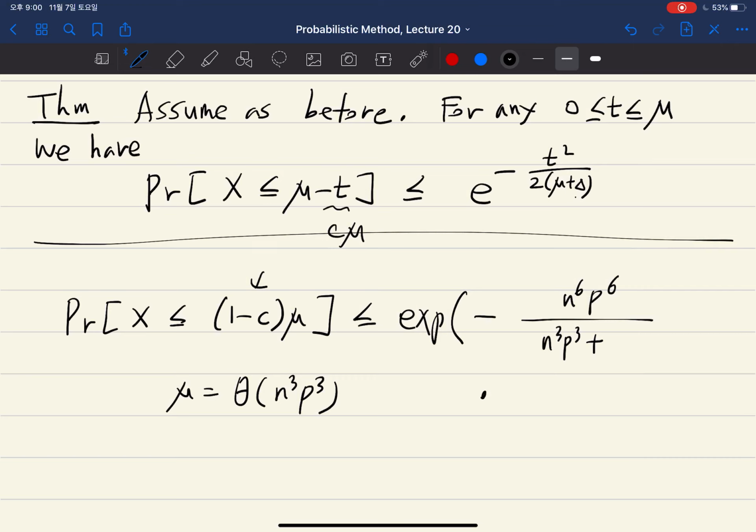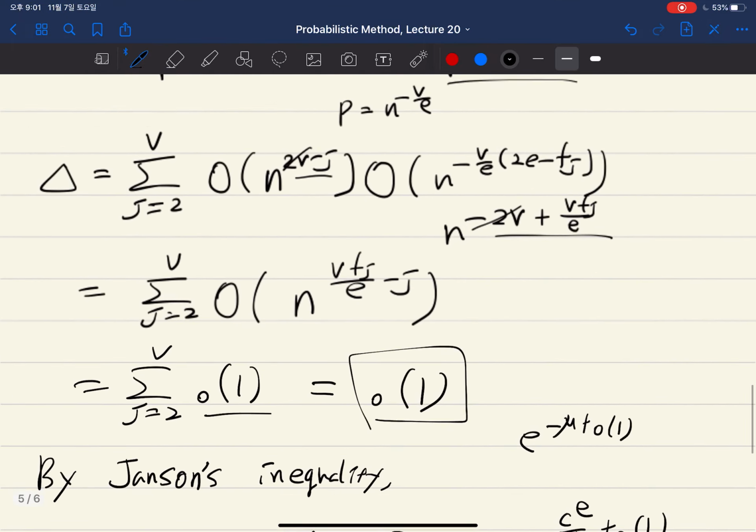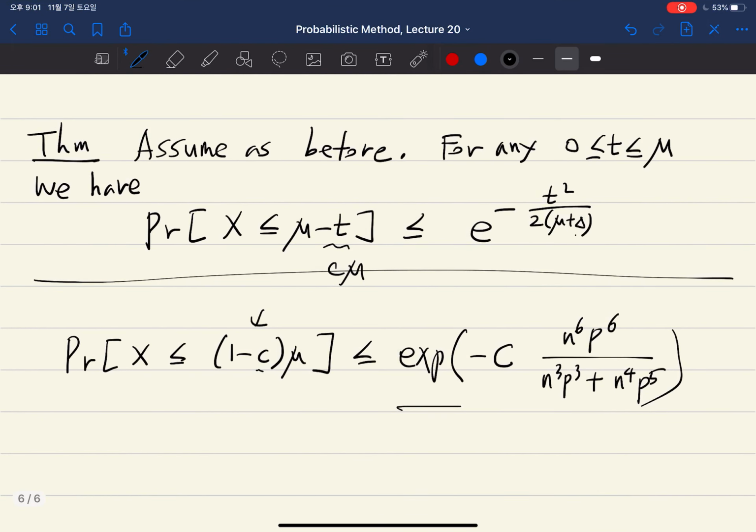And delta is, again, you choose 5 vertices, and then 2 triangles sharing one edge. So 4 vertices and 5 edges, p to the 5, and let's say some constant depending on c. Large C, small c. So this is capital C, this is small c. Then this theorem gives this bound. Again, using this, we get this probability.